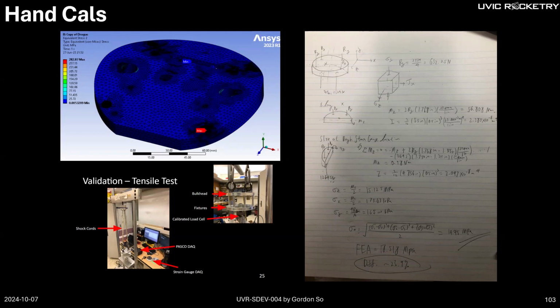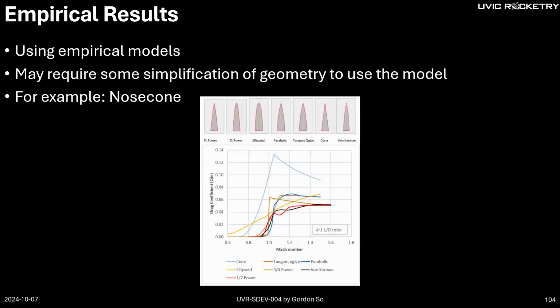And the difference is pretty close to what I see in the FEA, right? It's like 20-something percent off. So usually a hand calculation is just telling you if your solution is close enough, at least in the same magnitude. Because if it's like 200% off, maybe it's too inaccurate.